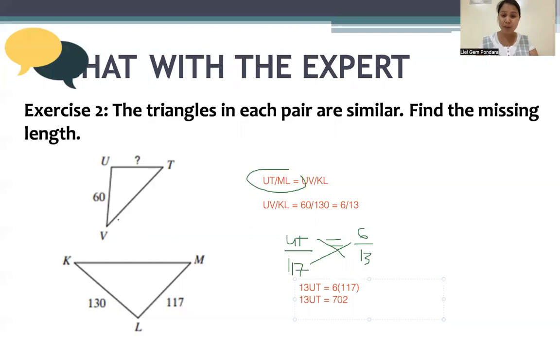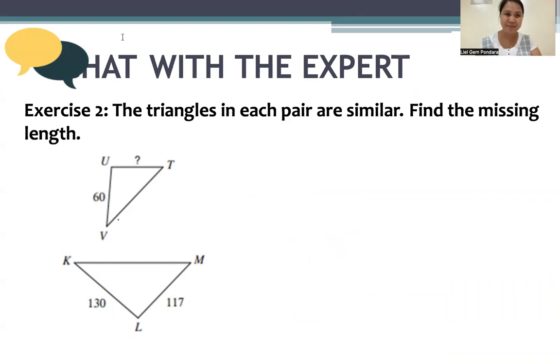We divide both sides by 13. So we have UT is equal to 54. If you check, 54 over 117 is still 6/13. If you have questions, feel free to message me in Telegram.